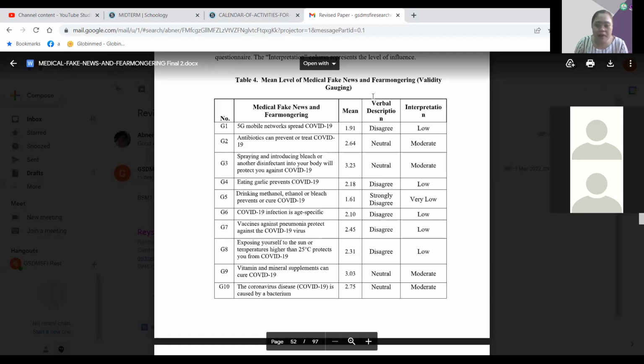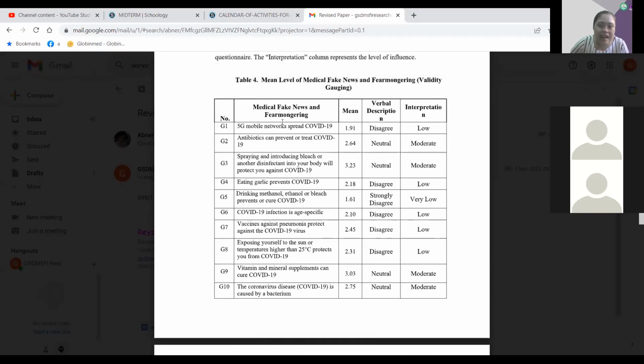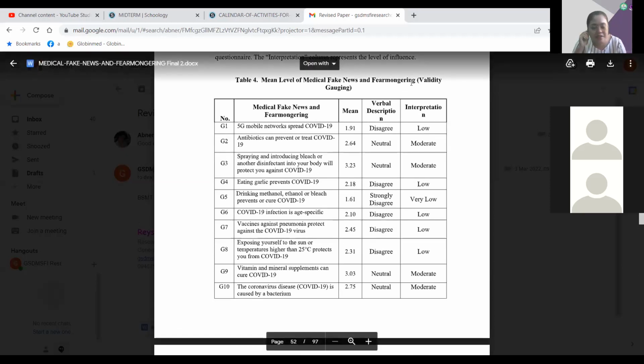Yung sa inyo, ang iba, statement lang, and they have to choose whether they agree or disagree. So again, you have to list down all the questions and you have to get the mean for each question. Okay? Kailangan mo pang kunin yung lahat ng mean dyan, and you may have the verbal description.